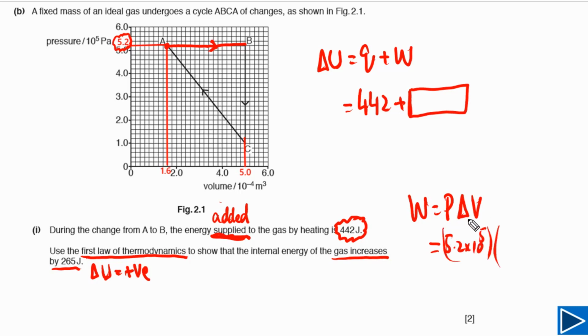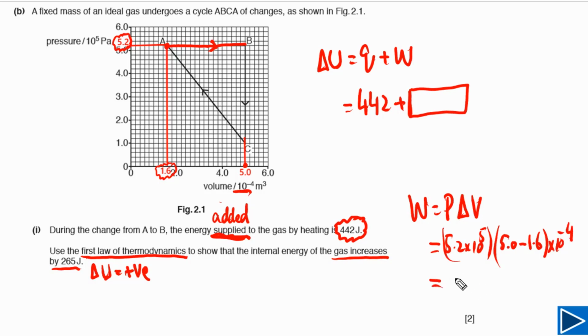Next we need to find out value of delta V. Value of V at point B is 5.0, and value of V at point A is 1.6, and we need to multiply with 10 to negative 4, as you can see here.